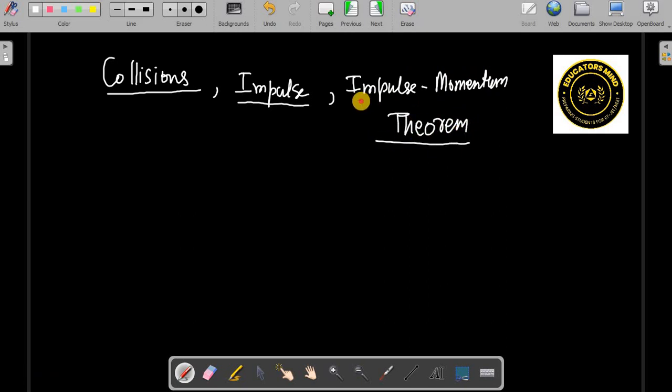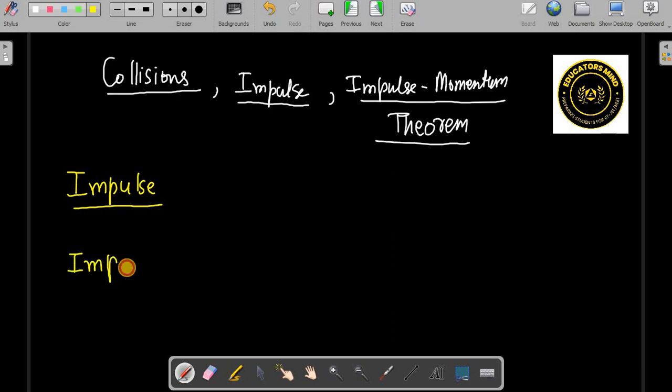That's a very important theorem. First we'll discuss what is impulse and also impulsive force.